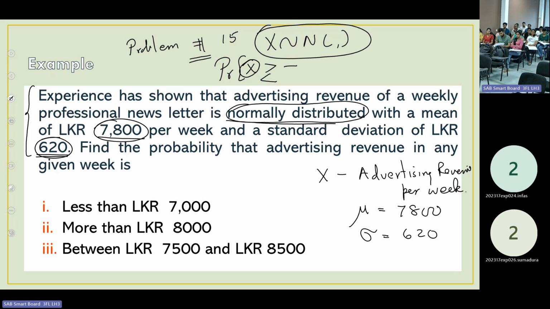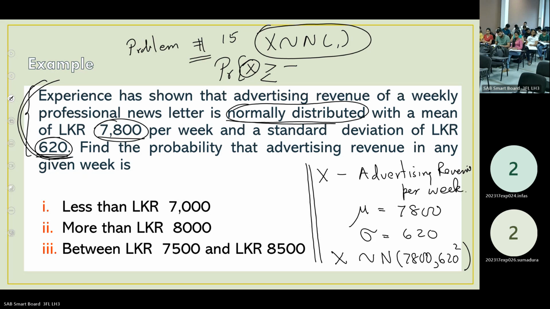This X follows normal distribution. First we write the mean, 7,800, comma. Then we write the variance, the standard deviation squared, so it is 620 squared. So all the things given in these three lines, we have written it.